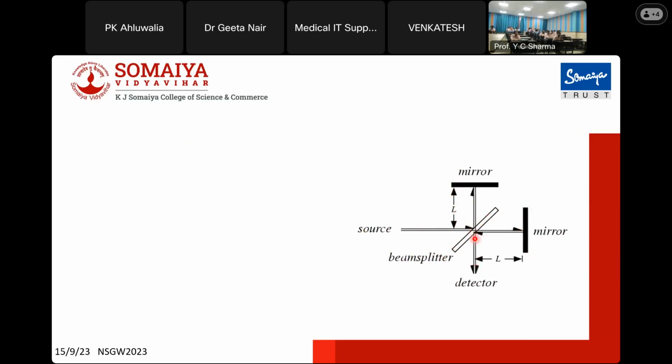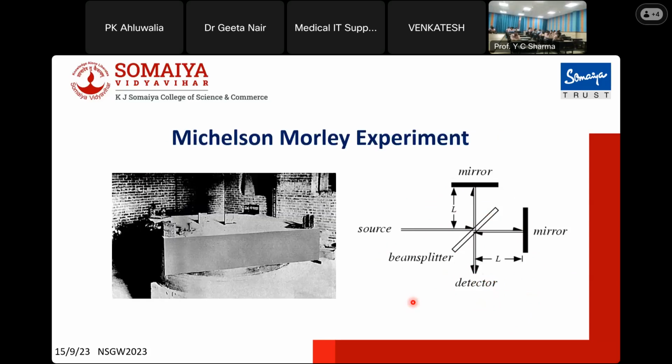They come back, they interfere, and they show some interference pattern, which is detected with a detector placed here. Now, if ether is fixed and the earth is moving through ether in different directions, then there should be some change in the interference pattern observed in the detector.